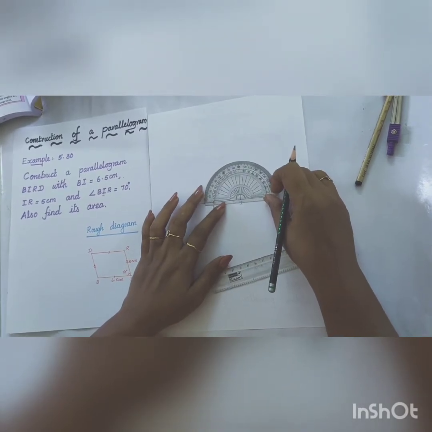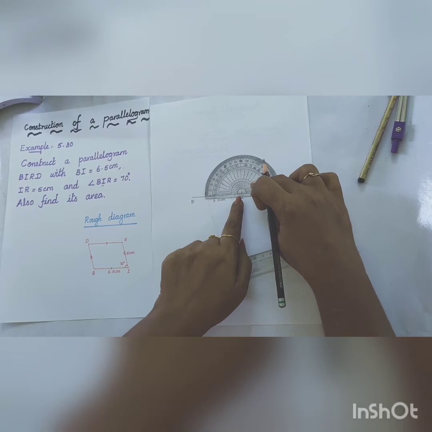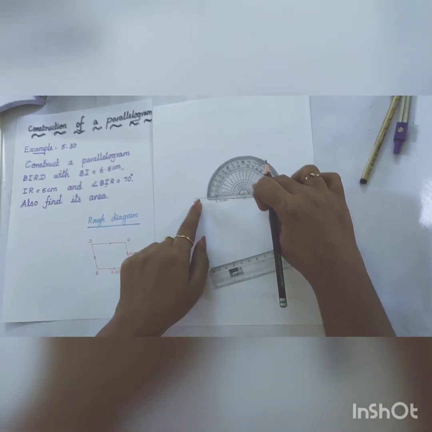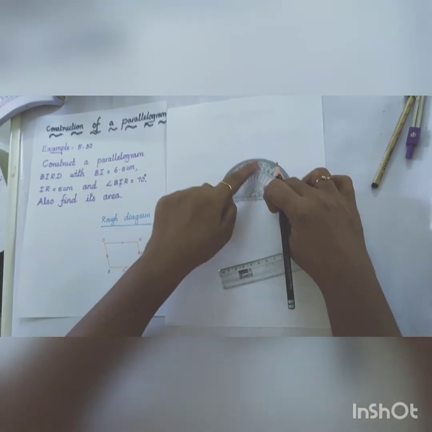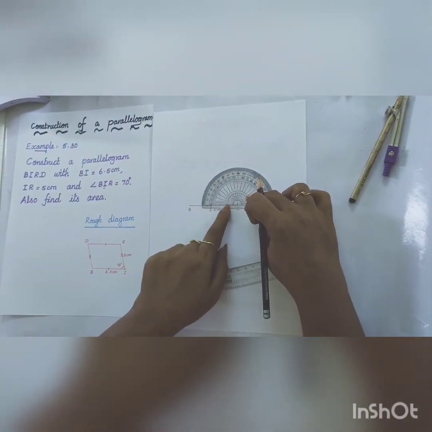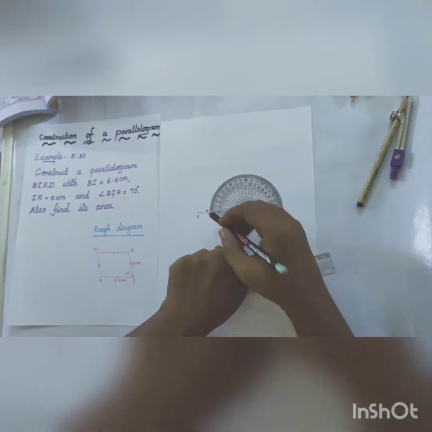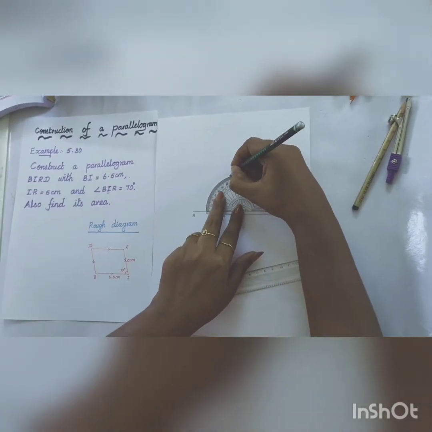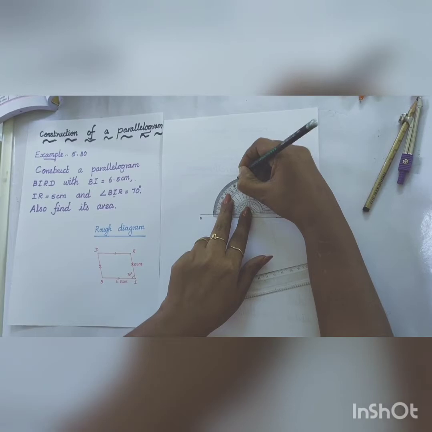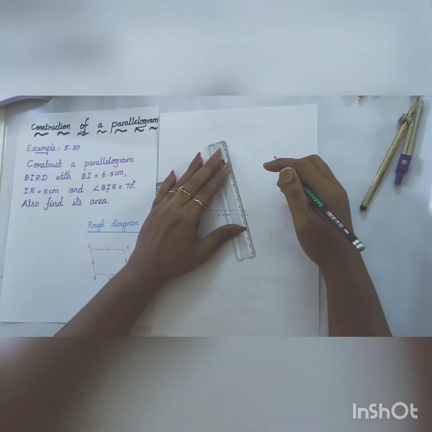Keep it at the point I. Now we have the horizontal line on the left side. So you have to start counting the angle from the left side. If the horizontal line is on your left side, you have to start from your left side. Here you can mark the angle 70 degree and mark a point and draw this line.